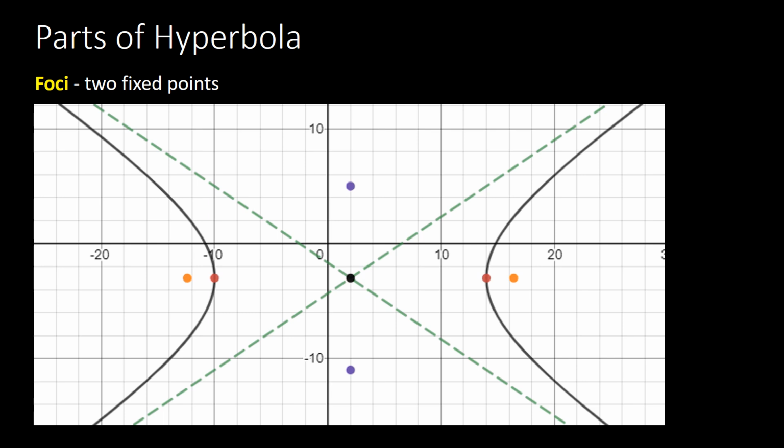Since we have a hyperbolic graph here, we have two somewhat parabola-like graphs. The focus here is opening towards it, and this is another focus, where that graph is opening towards it. So again, a hyperbola has two foci, which we locate where the opening of the graph is.